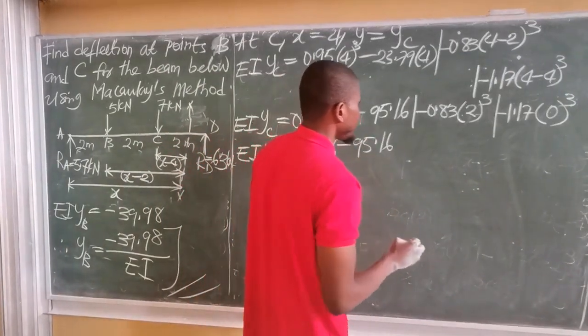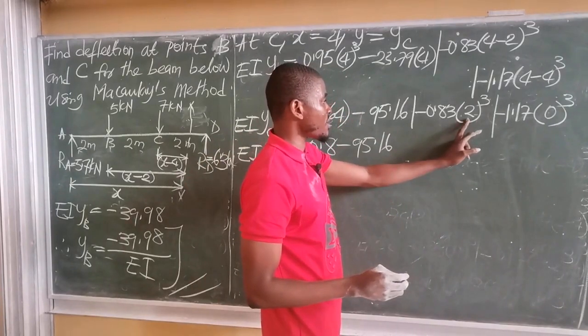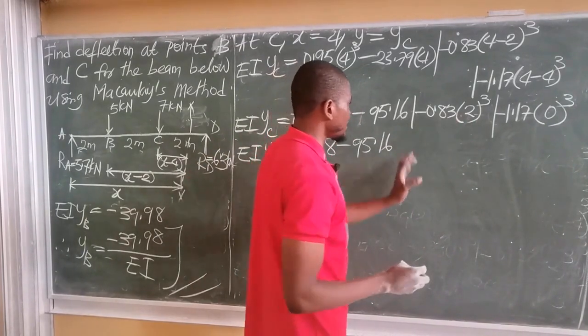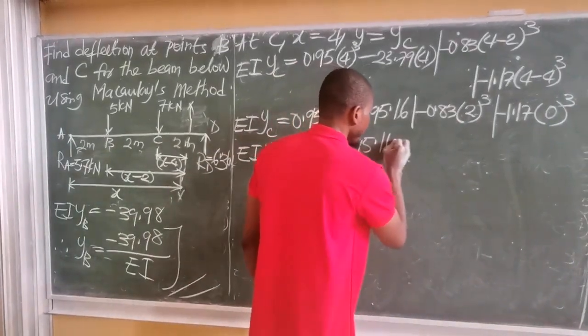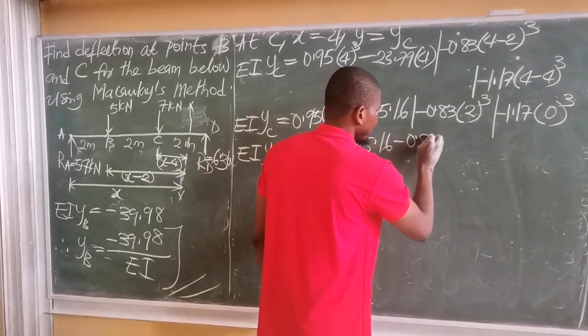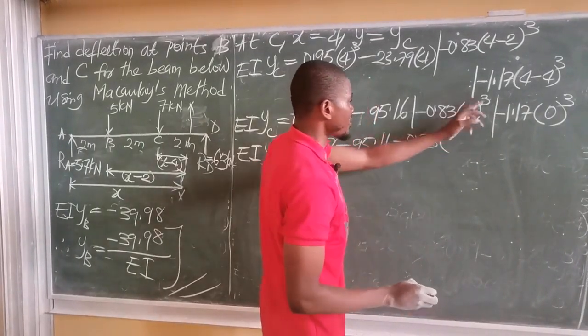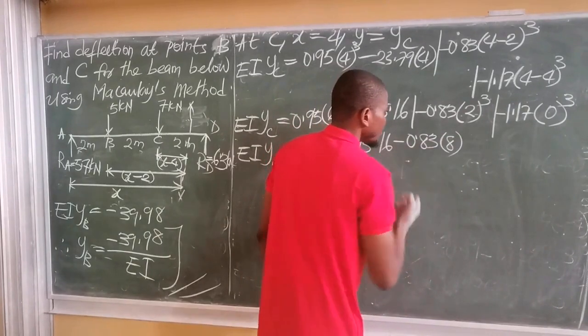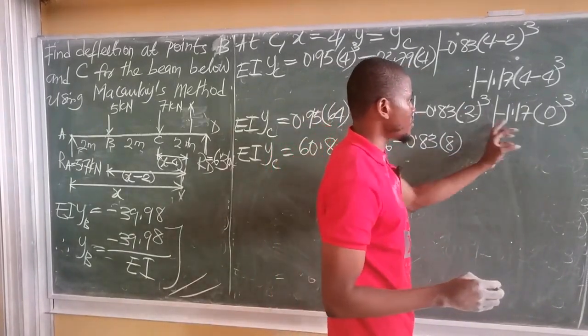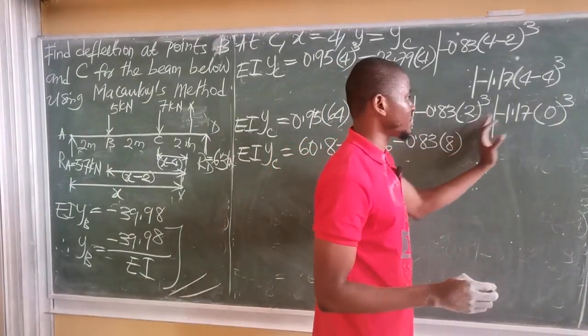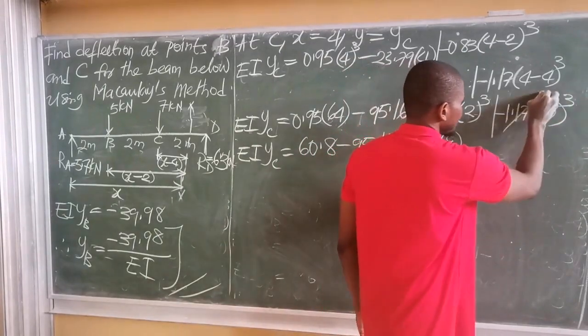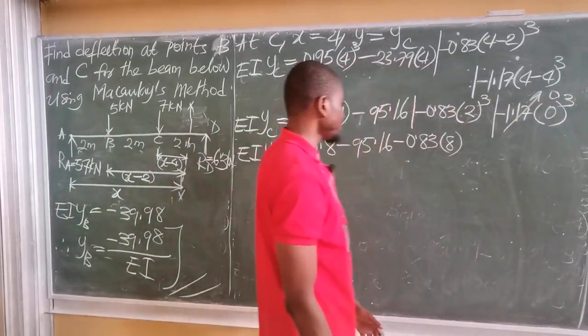Okay. Here now, of course, I have the Macaulay's bracket to be positive, so I can take off this Macaulay's bracket. So this gives me minus 0.83 into 2 to the power of 3 gives me 8. Here I have 0, of course. This multiplies 0 automatically. Everything here becomes 0. So this is off 0.